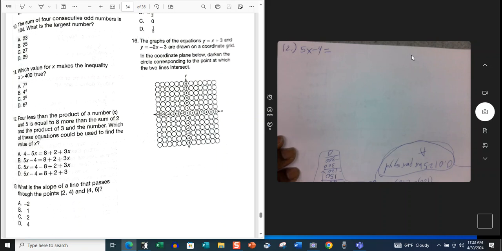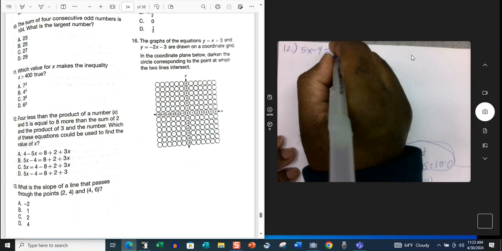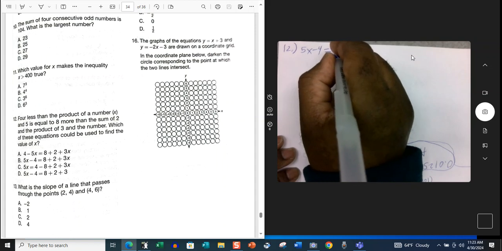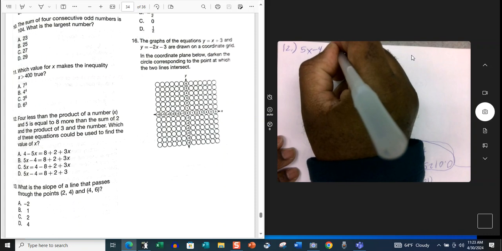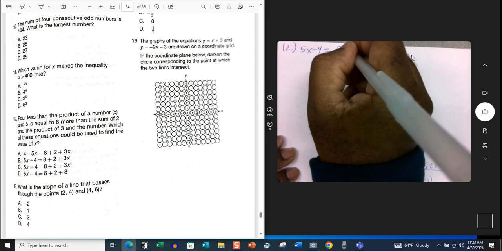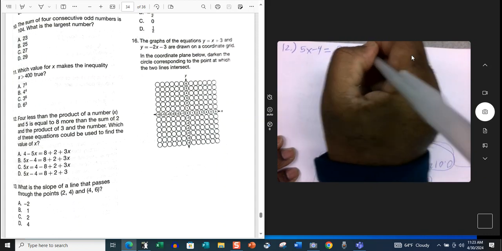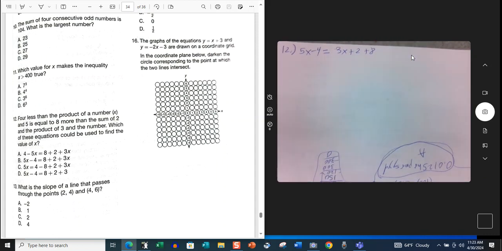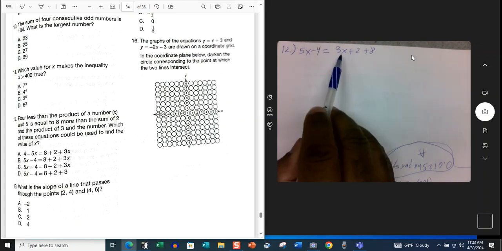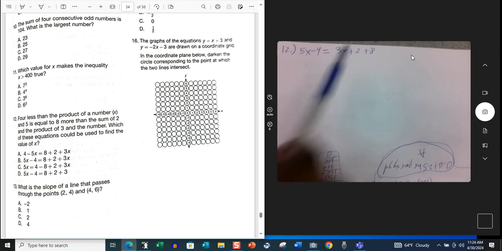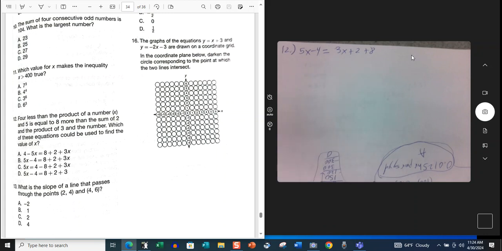So we have the product of 3 and a number plus 2 and then plus 8. Because it's 8 more than the product of 3 and a number and 2 more than that. So this is what we have here.